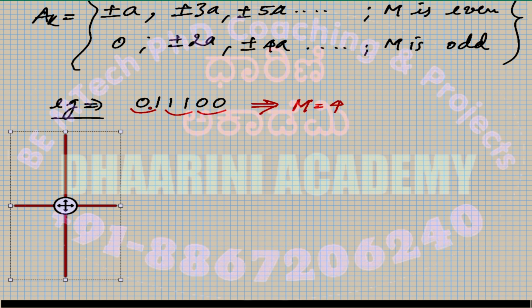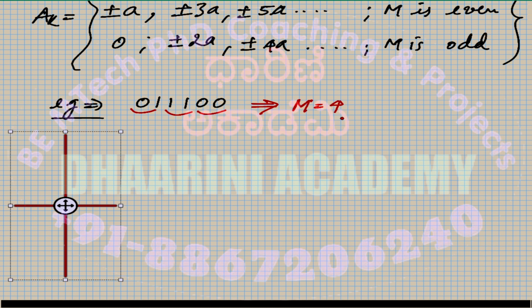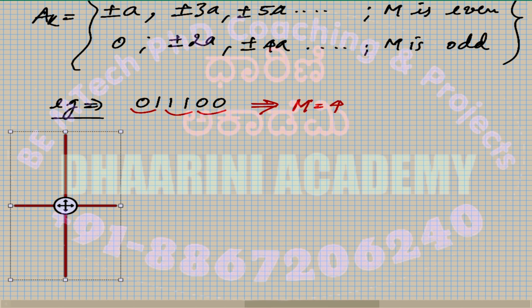M is 4 because if you make the group of two bits at a time, right, how many possible combinations? 0, 0, 0, 1, 1, 0, 1, 1. When I make a group of 2 bits at a time, I can have 4 different possibilities.